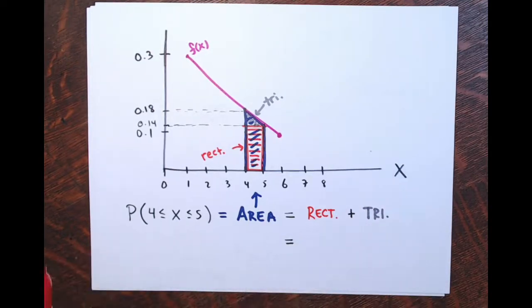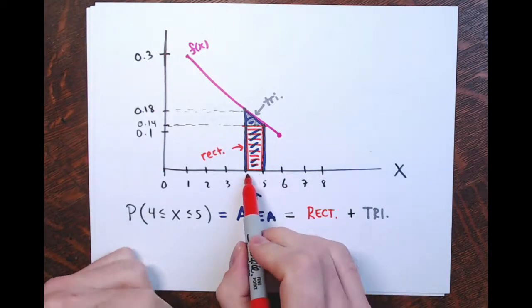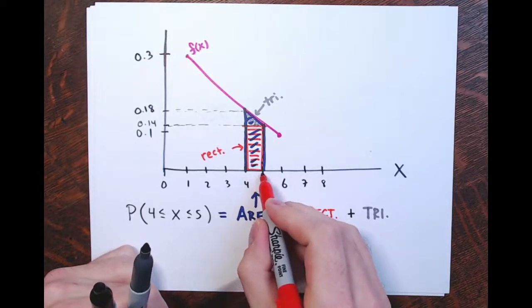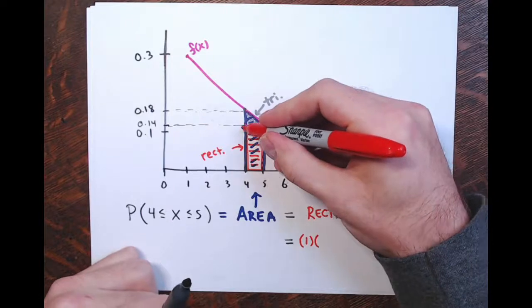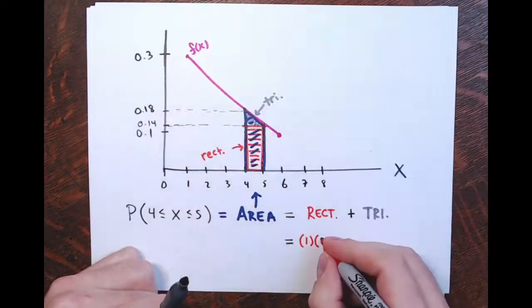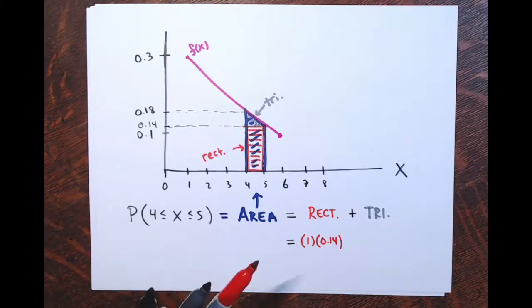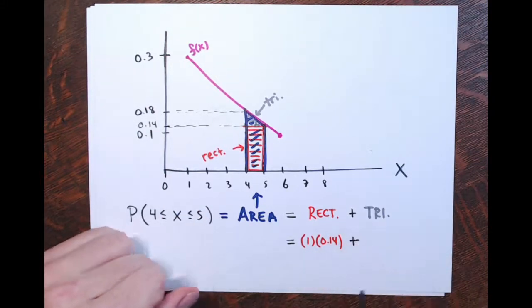In a rectangle, the area is just the length times the width, or base times height. The width is 1, right? You're going from 4 to 5 here. The height is given as 0.14. So the area of the rectangle is just 0.14, right? Anything times 1 is itself.